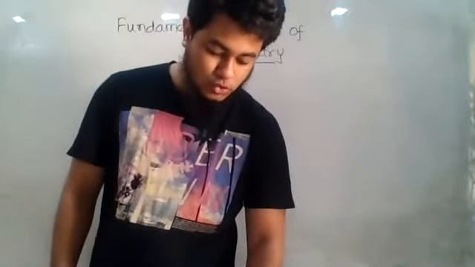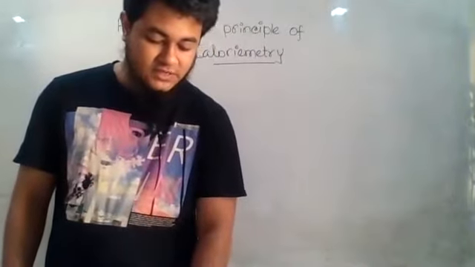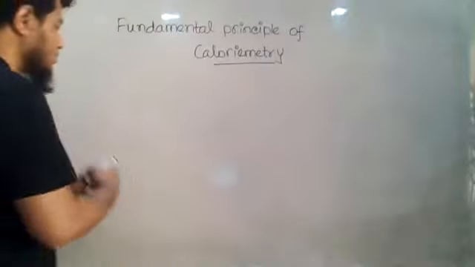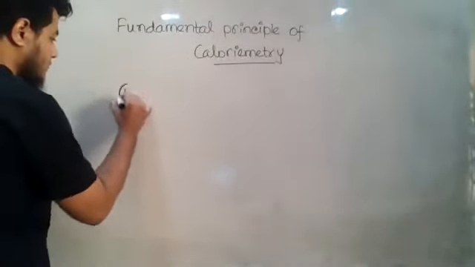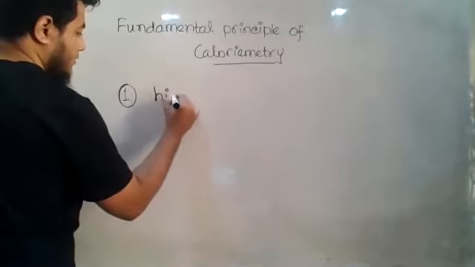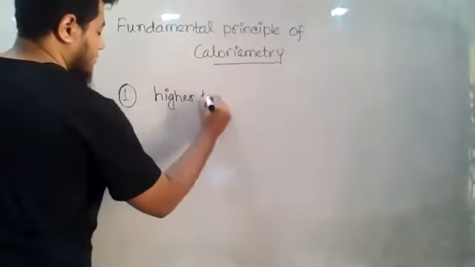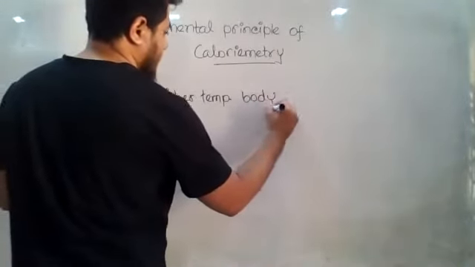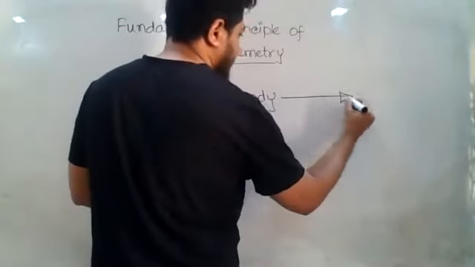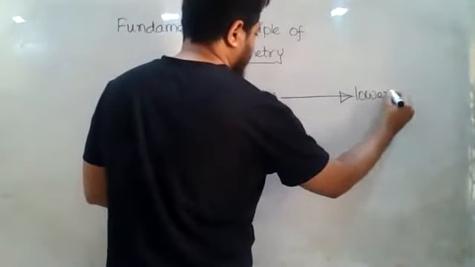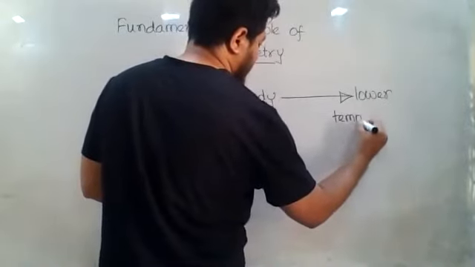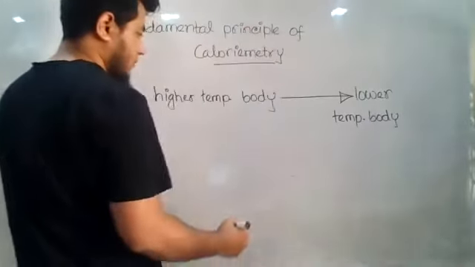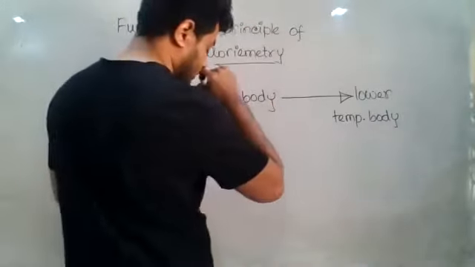Okay, so there are two rules. The body at higher temperature gives heat to the body at lower temperature until they reach thermal equilibrium. So in short, I can put it this way: the higher temperature body will give heat to the lower temperature body.